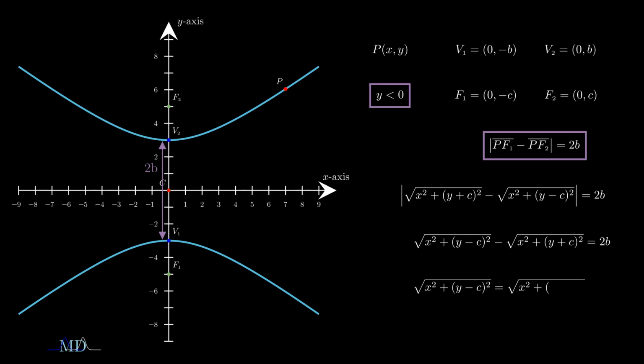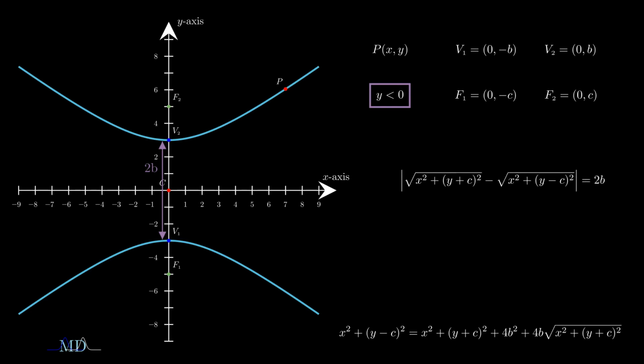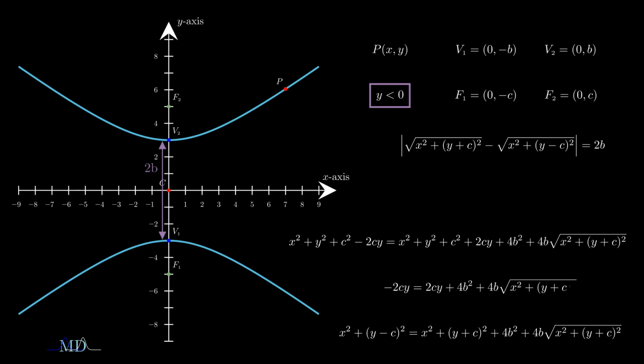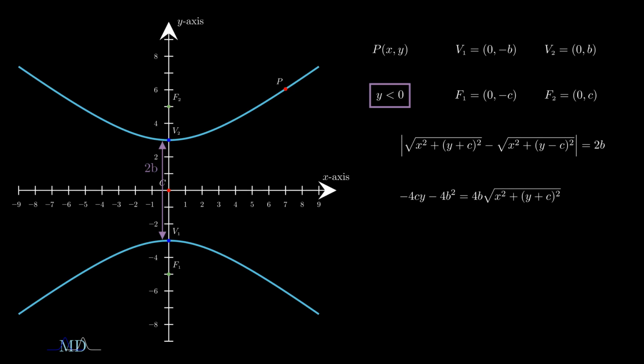We bring one square root to the other side. Then we square both members of the equation. We solve the binomial squares. Some terms cancel each other out, and by other simple calculations we get minus cy minus b squared equals b times the square root of x squared plus (y plus c) squared.